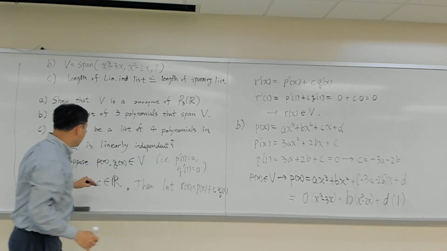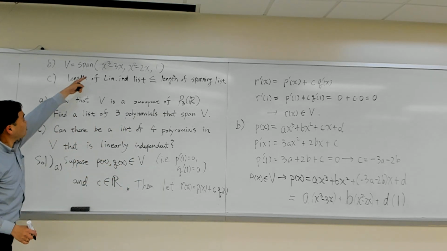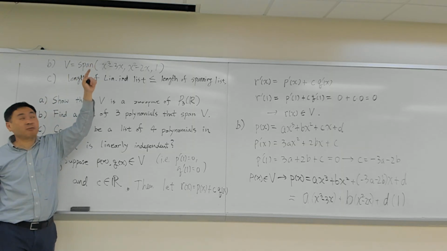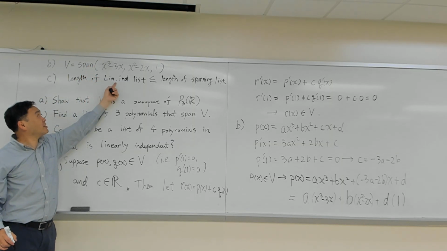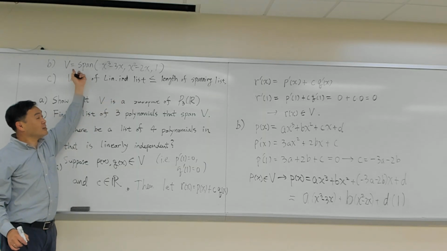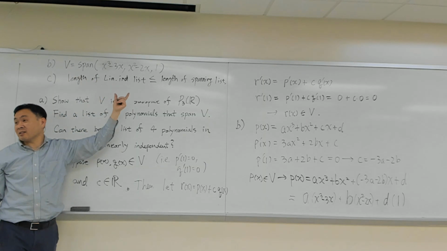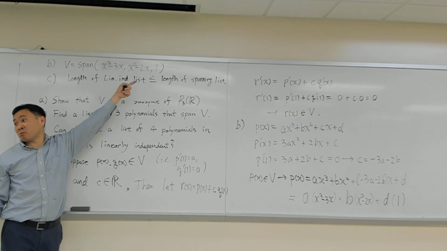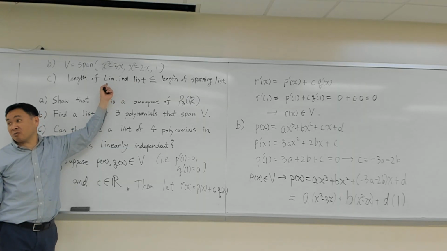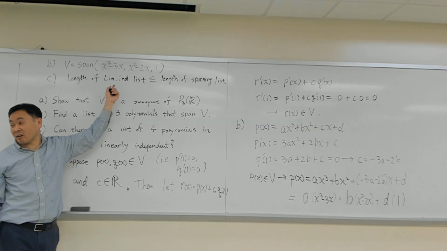See, these 3 vectors span V. So if there's any linearly independent list inside V, then its length can be at most 3, because we found a length 3 spanning list. Okay? So that was the theorem that we proved at the end of the lecture last time.